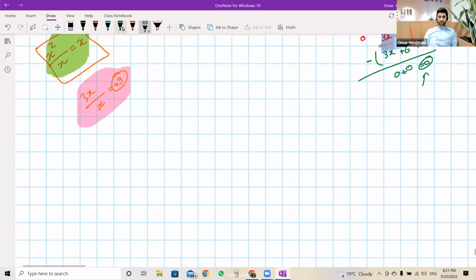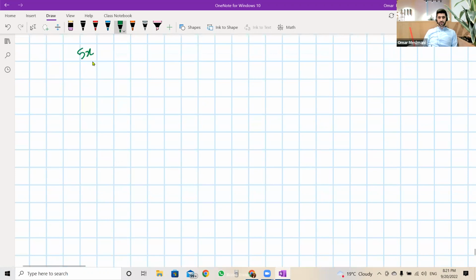All right, one more example about long division. Let's do it with the cube. Let's say I have 5x cubed minus 3x squared plus 4x plus 1.